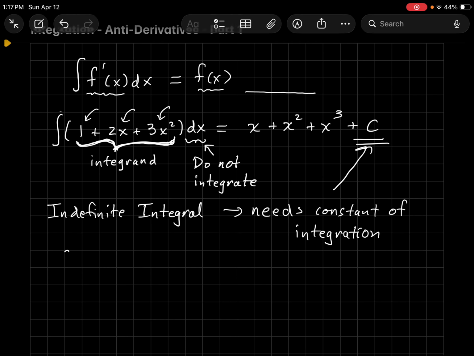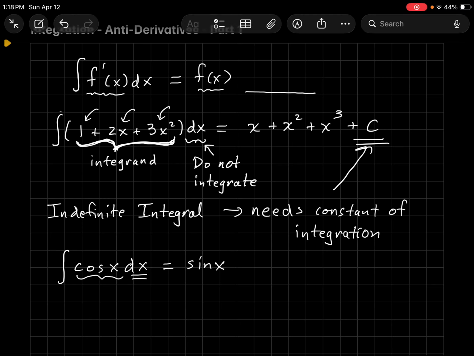Let's do another example. What if we want to integrate the cosine of x dx? Once again, we have to say, well, the derivative of what equals cosine? And we should know that the derivative of sine of x equals cosine of x. Again, do not integrate the dx, it's there for the theory.